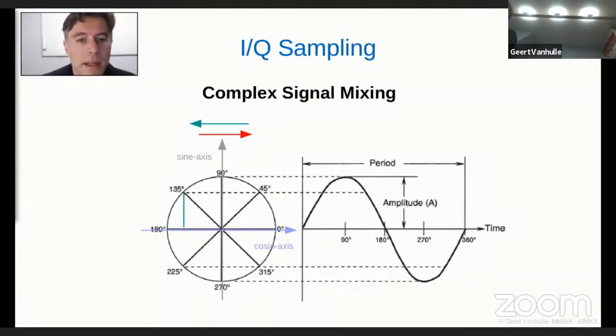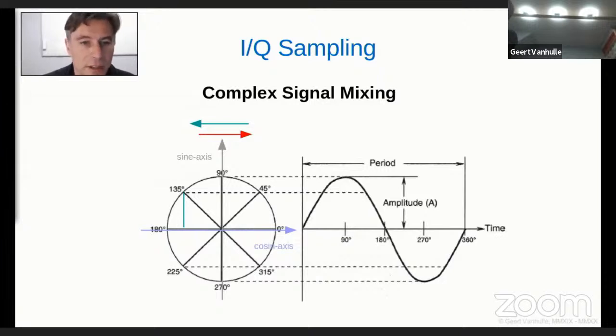And if we would take the 90 minus 100 megahertz, we would have a vector that is rotating in clockwise direction. Now, normally, we can't distinguish these because in a normal analog sampling situation, with a real component only, the only part that we are sampling is the sine axis.